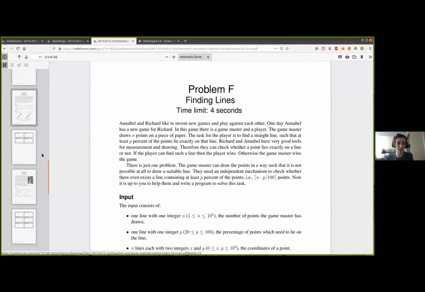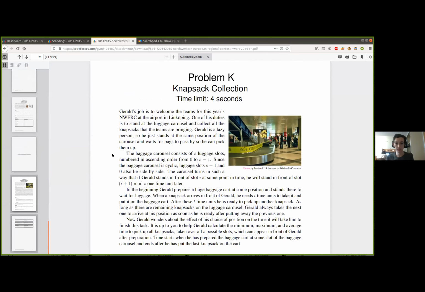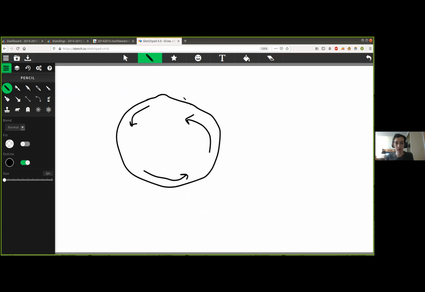Let's see what's next. Maybe K. So in this problem, we have a cycle of luggage of length L. Luggage is moving around the cycle at a constant speed, and you're standing at some point.